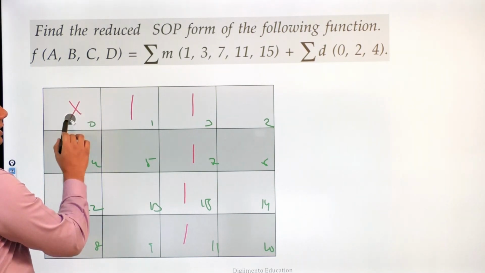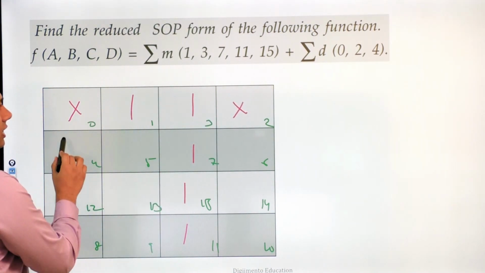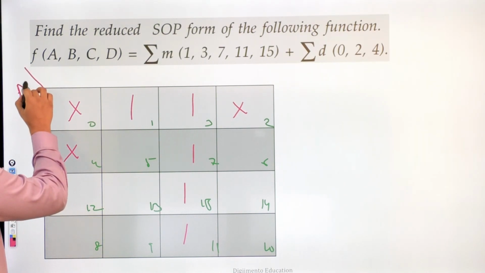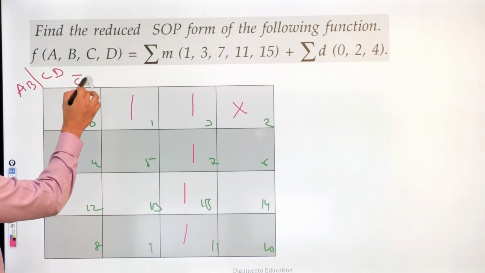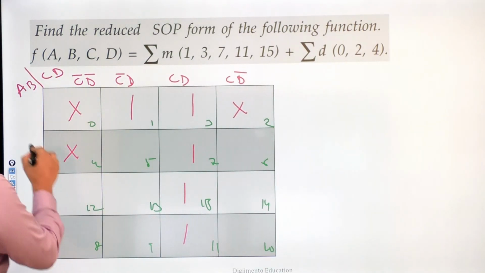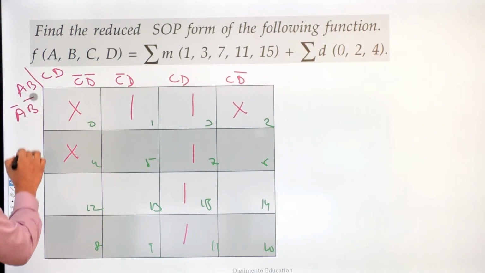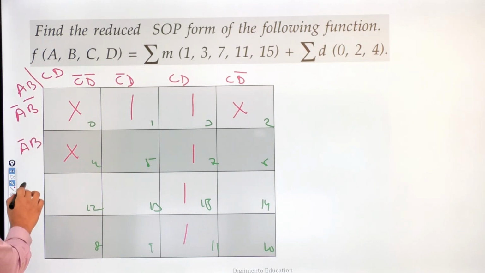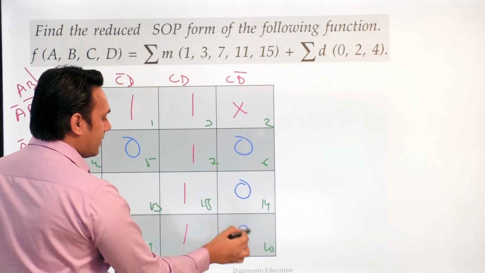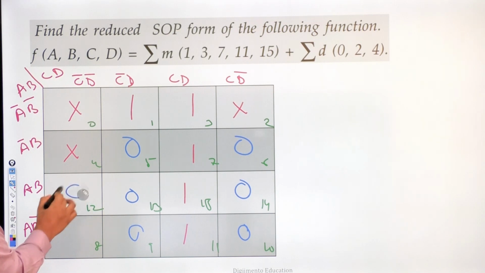This is representing the function with AB and CD. This is C complement D complement, C complement D, CD and CD complement. This is A complement B complement, A complement B, AB and AB complement. And in all other locations we have a value 0.